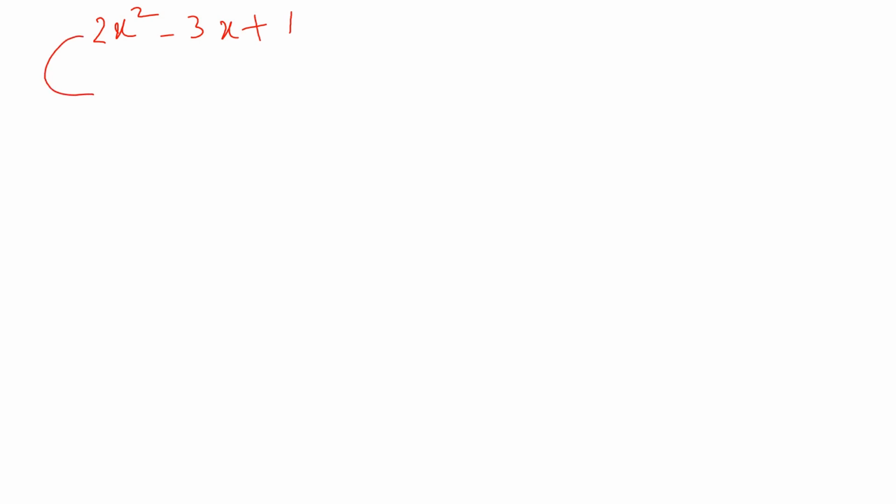Now we have to factorize this polynomial to find the other two zeros of the first main polynomial, which was 2x^4 minus 3x^3 minus 3x^2 plus 6x minus 2.